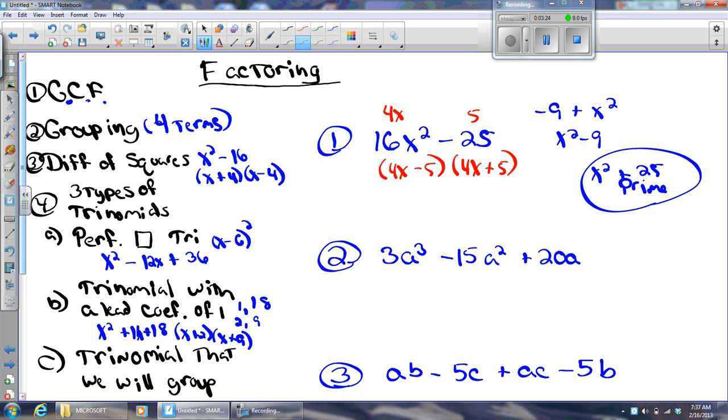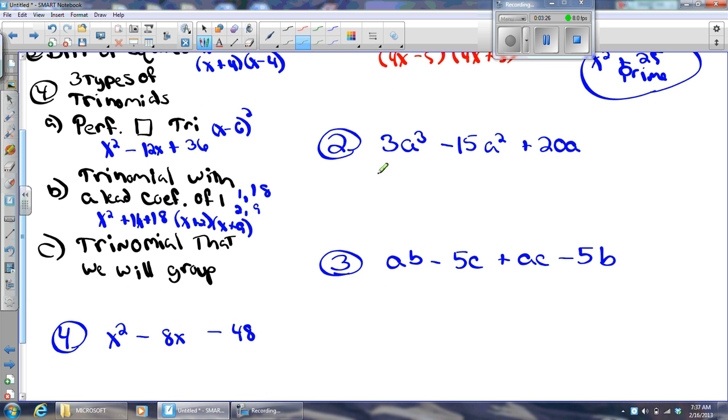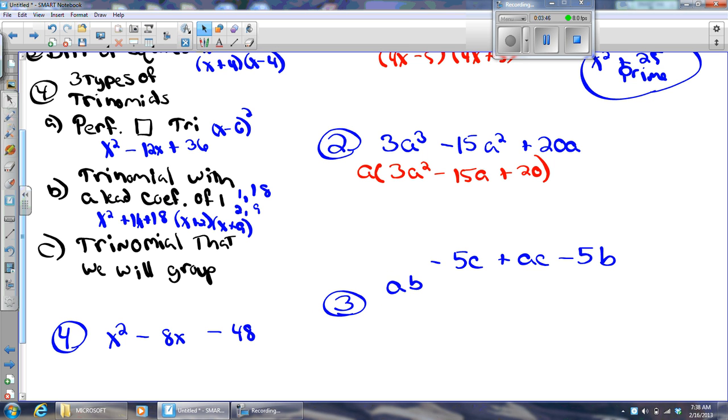Okay, let's go down to this bottom one here. It looks like I've got a GCF hiding in there. I think it's a, so I'm going to pull an a out, and I'll be left with 3a squared minus 15a plus 20. All right, I think I'm going to need a little bit extra room here. Let me see if I can move this problem down.